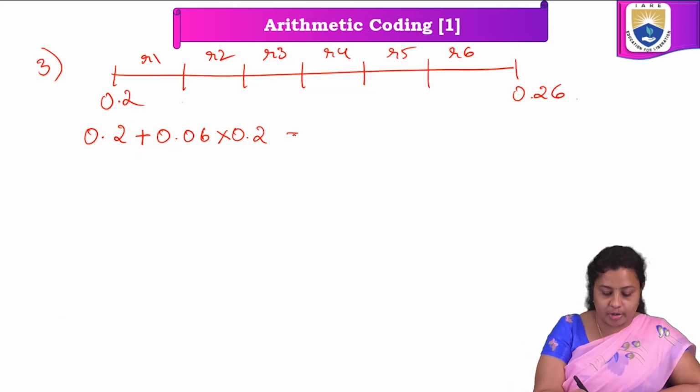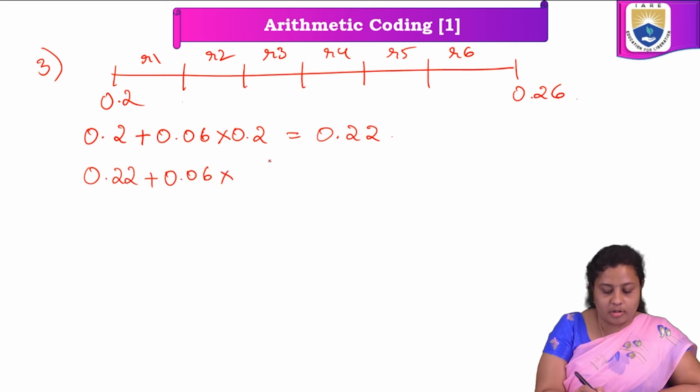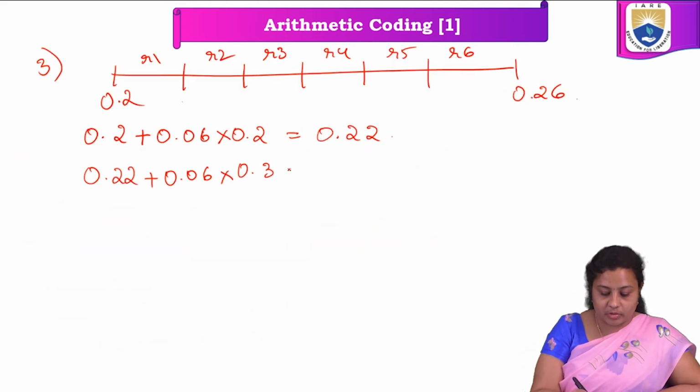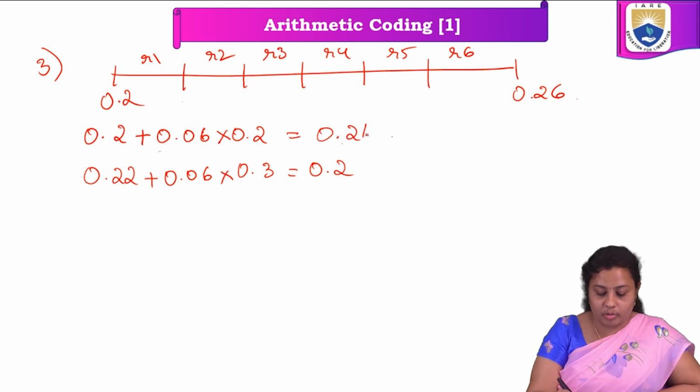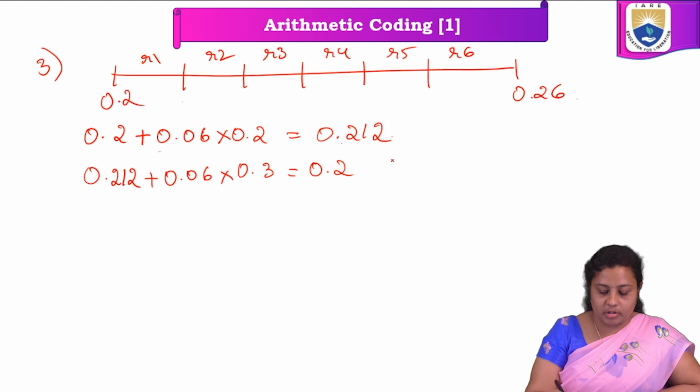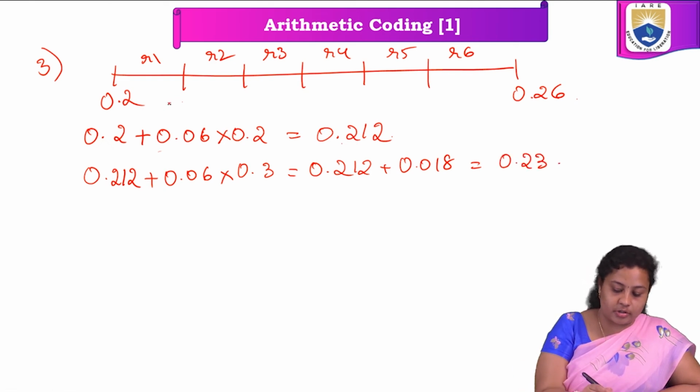So this is equal to 0.212. Next, 0.212 plus 0.06 into the R2 probability value, 0.3, which is 0.018, so this is equal to 0.23.